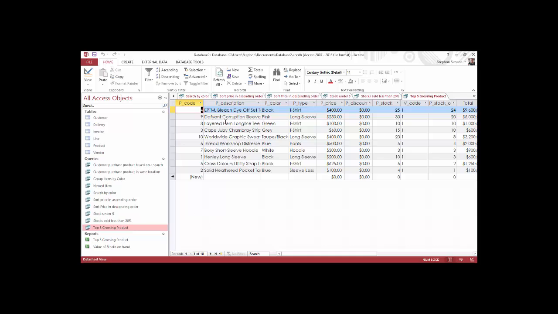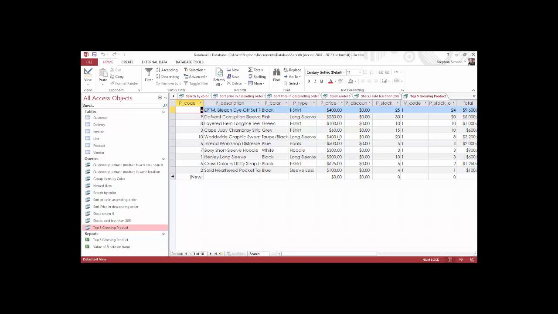And this one is supposed to display only the top 5 groups, but it still lets you see the top 5 grossing products. It's based off of the price and its stock on hand.